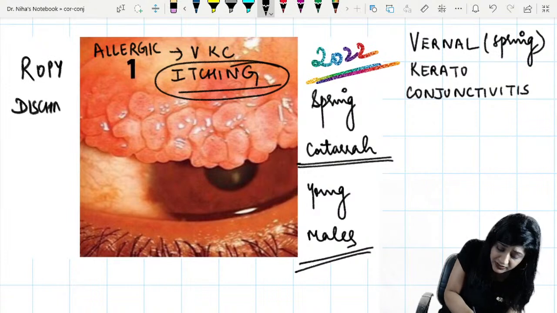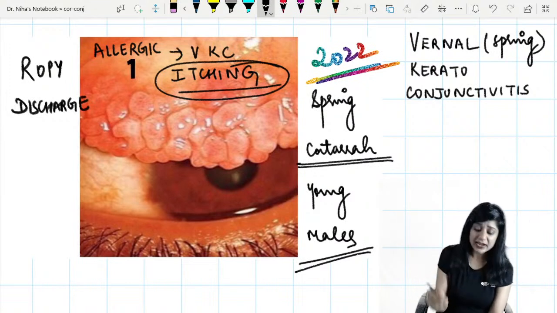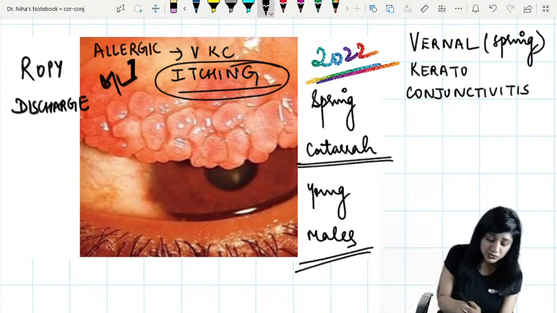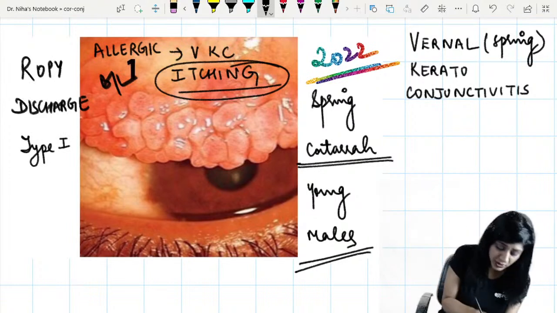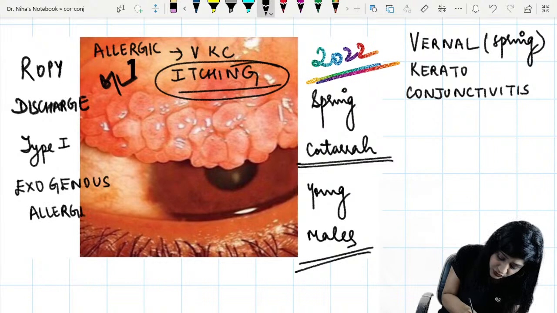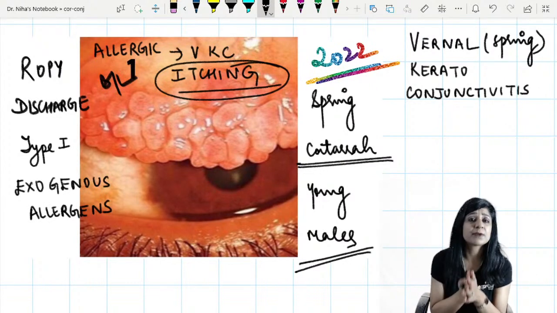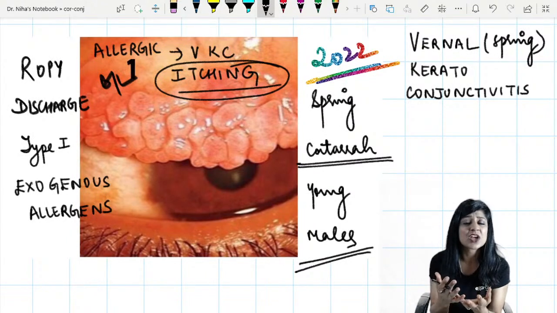So when you are having a clinical scenario with a young male, bilateral itching, ropey discharge, you have a type 1 hypersensitivity reaction to exogenous allergens. We have the exogenous allergy.